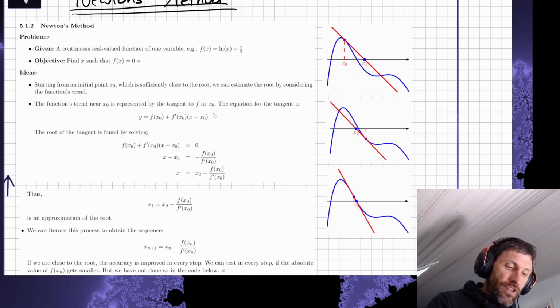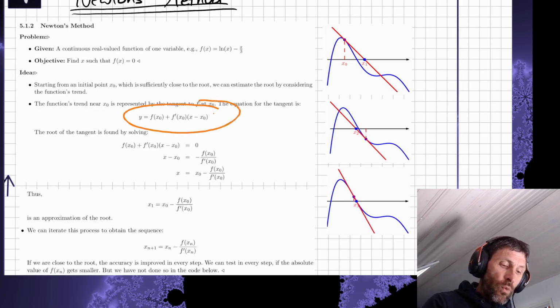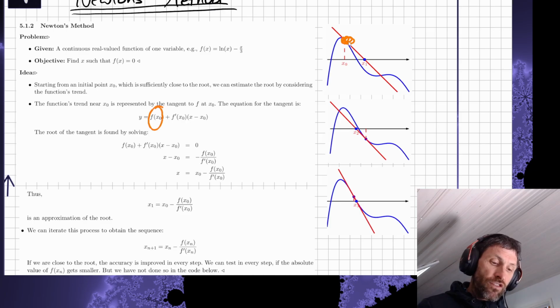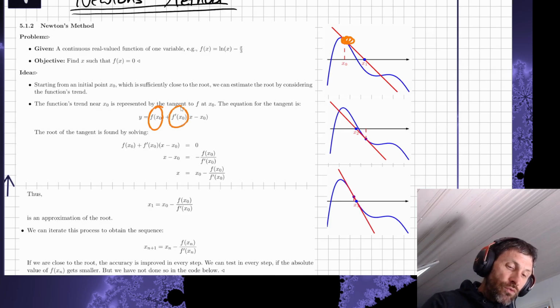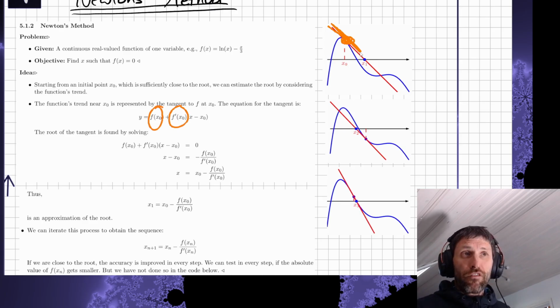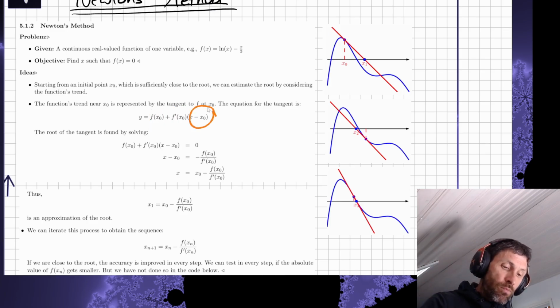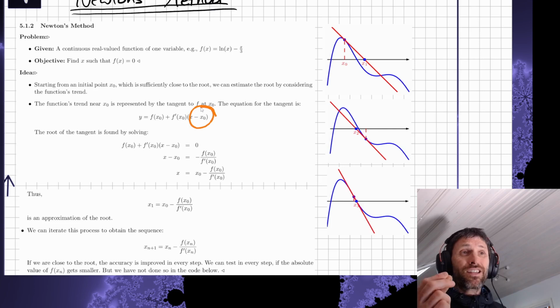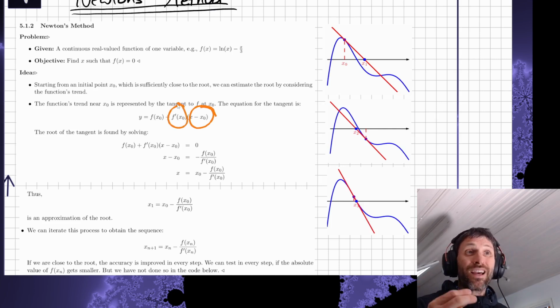Okay, this is the tangent equation. y is equal to the function value f of x0, we need the derivative as well, plus some deviation, and the deviation is proportional to the distance to x0, so the slope times x minus x0.